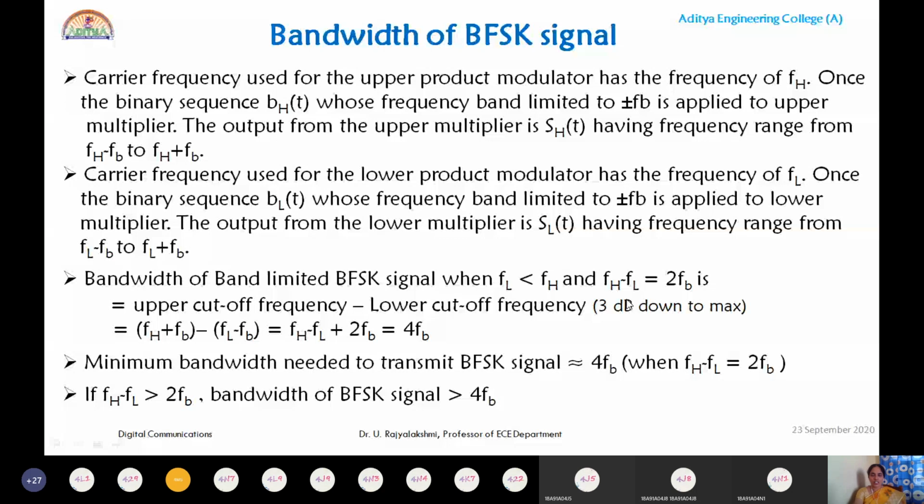So the minimum bandwidth needed to transmit FSK signal is 4FB, and for either PSK or ASK it is 2FB. So the minimum bandwidth of FSK is always twice that of either ASK or PSK.